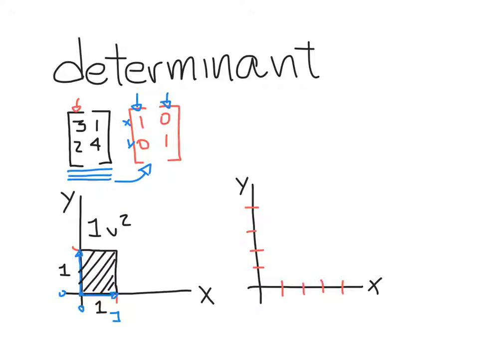This means that it goes from the origin to 3 in the x position and 2 in the y position. And the other column describes a vector that goes from the origin to 1 in x and 4 in y. So basically it's a point somewhere here.